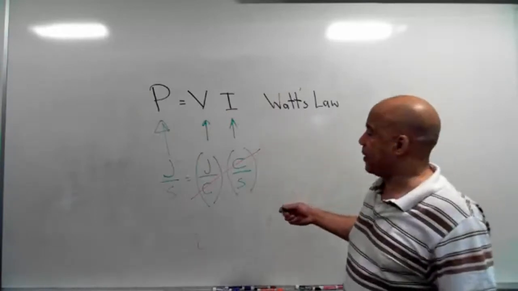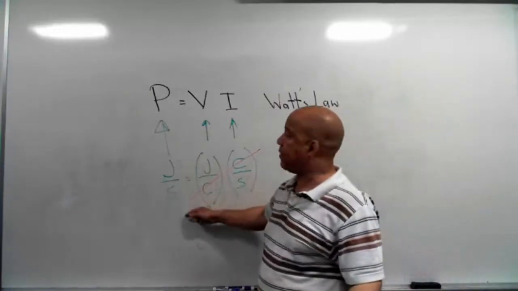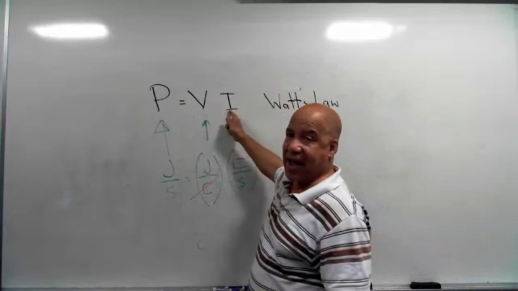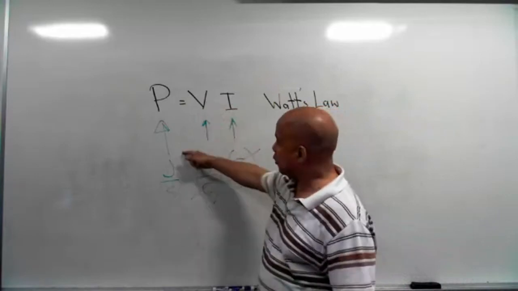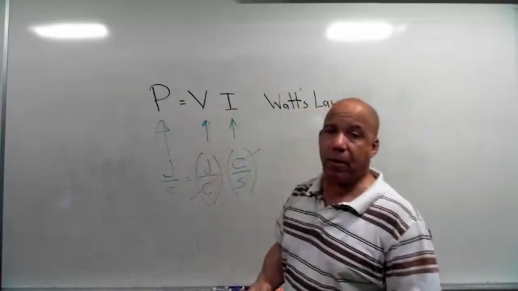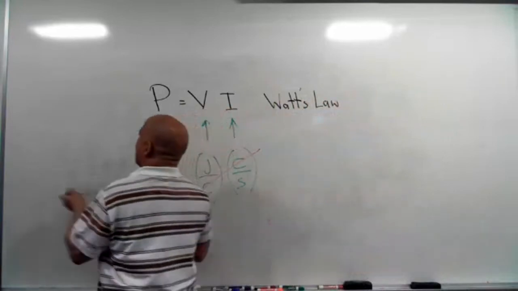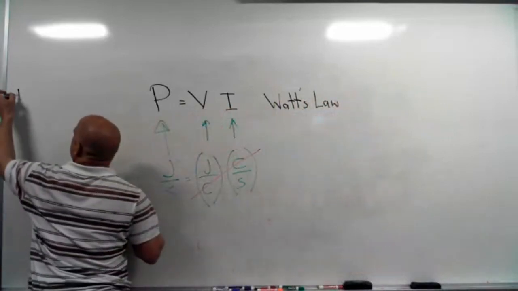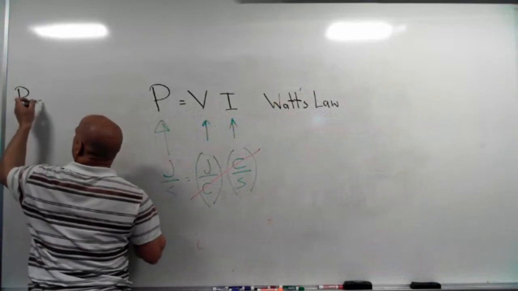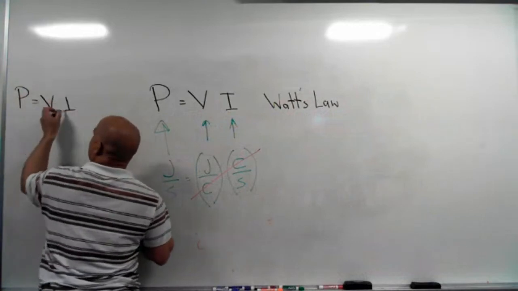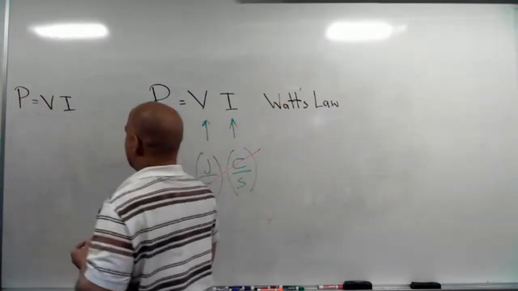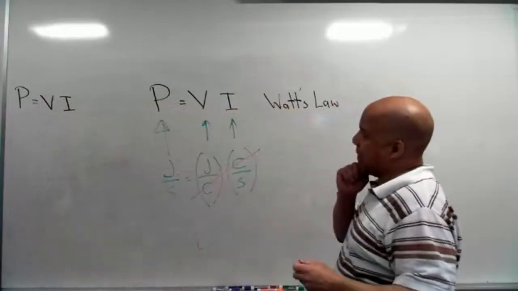And we already know that's correct because we said power is in joules per second. So by multiplying V times I, I'm really getting joules per second. So I'm really getting power. So the way we're going to calculate power is by taking P equals V times I, and that is called Watt's law.